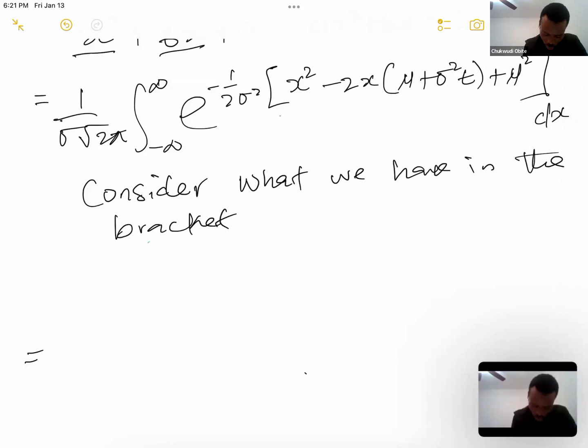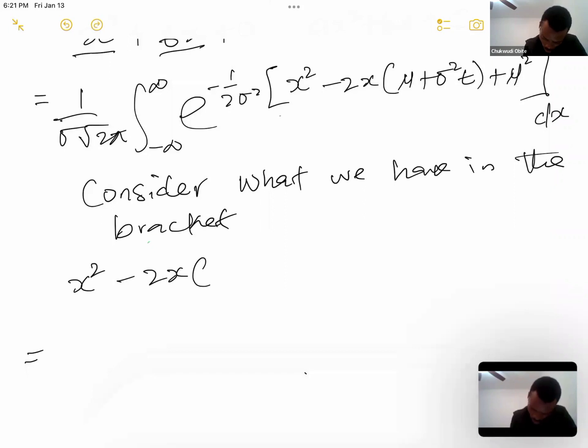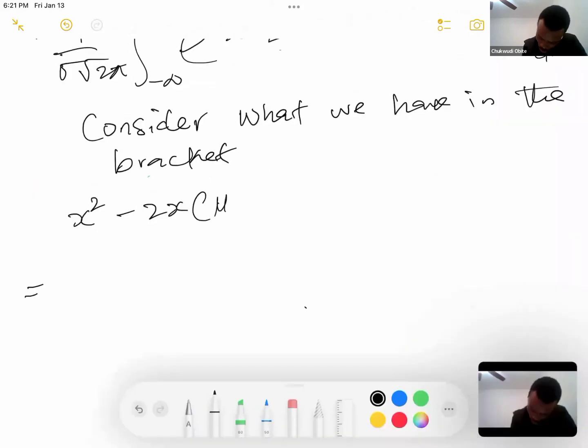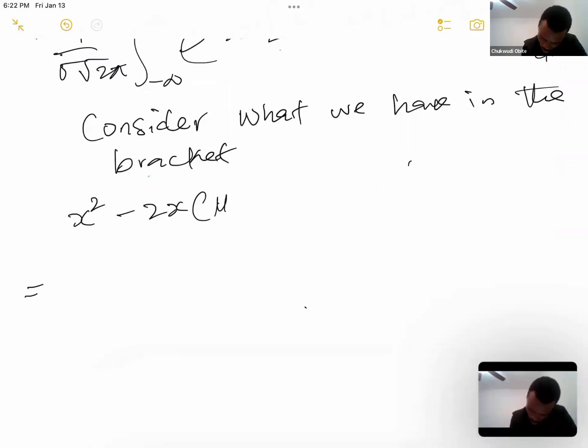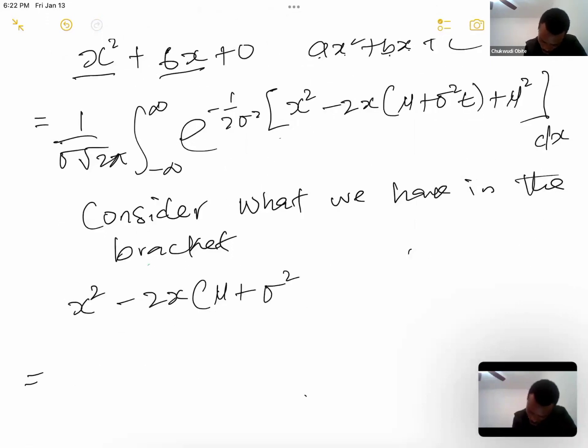So this is what we have in the bracket: x squared minus 2x, x minus mu, plus sigma squared t, plus mu square.